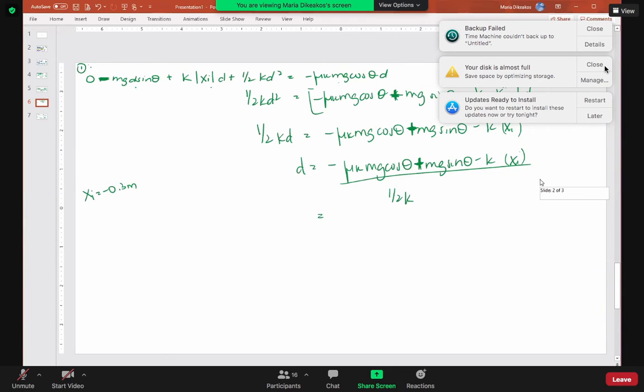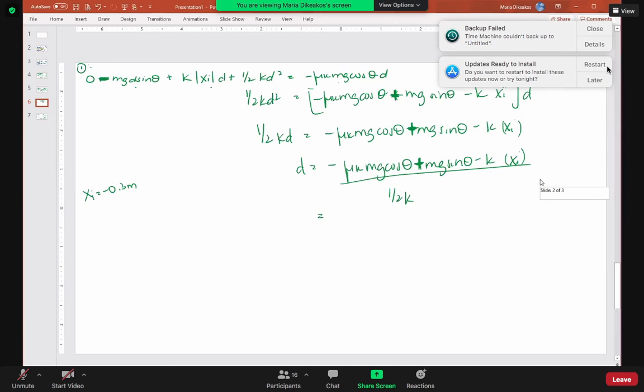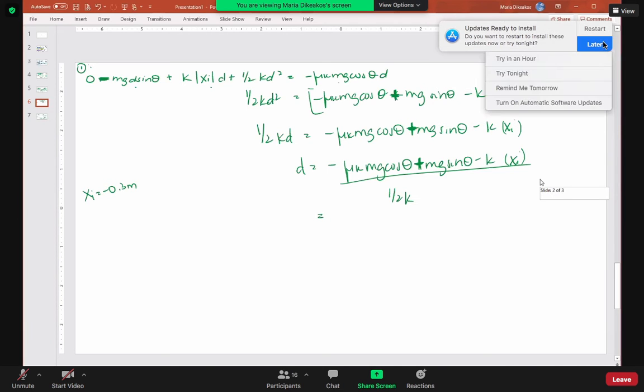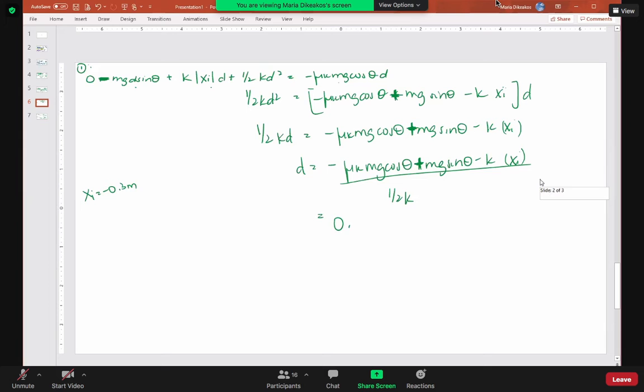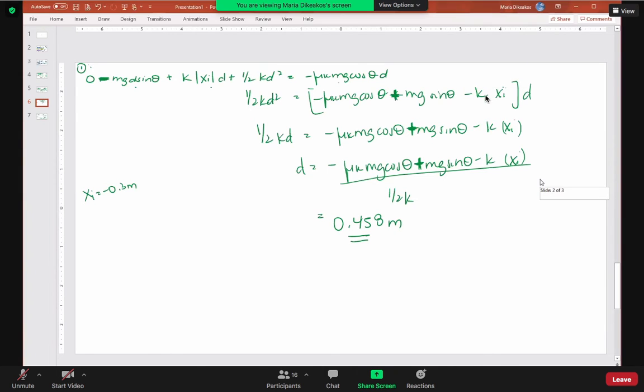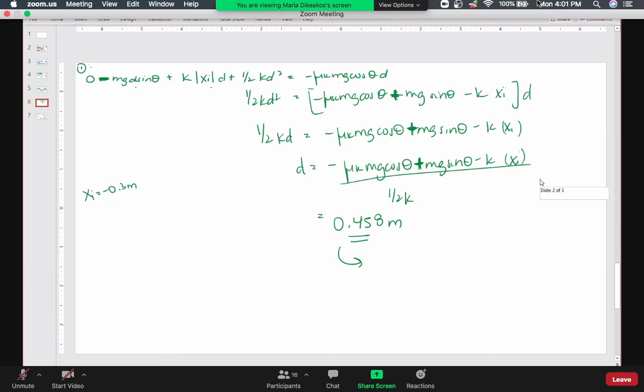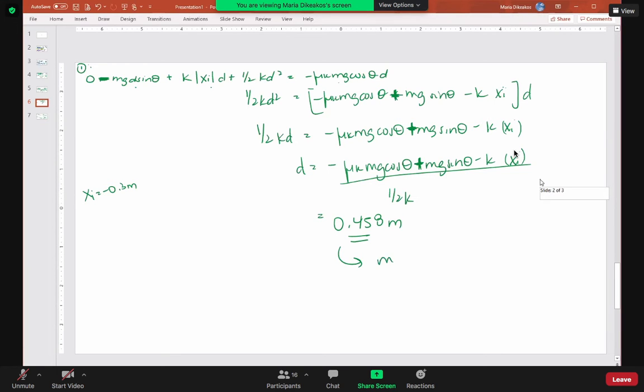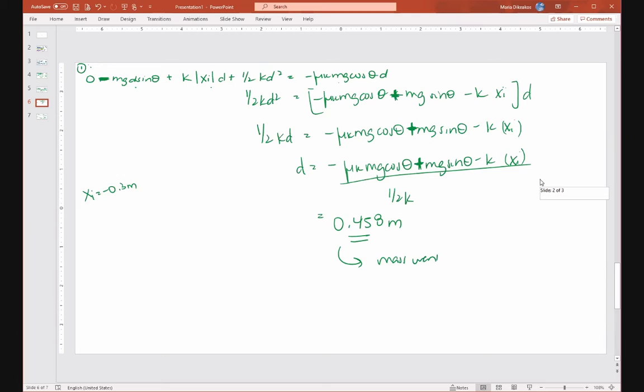Yeah, I don't know. I can't get it myself. Not sure why. So the D that you get with this calculation is going to be 0.458 meters. Now, this tells us that the mass went past equilibrium.